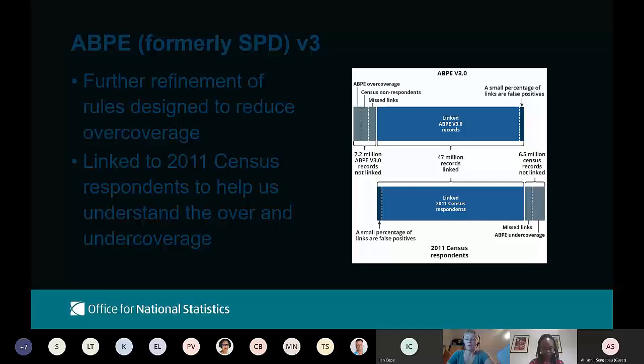One of the really important features for us was that many of them were self-employed, and we knew that we didn't have any admin data to help us identify people that were self-employed and who didn't have any signs of activity on the other data sets.